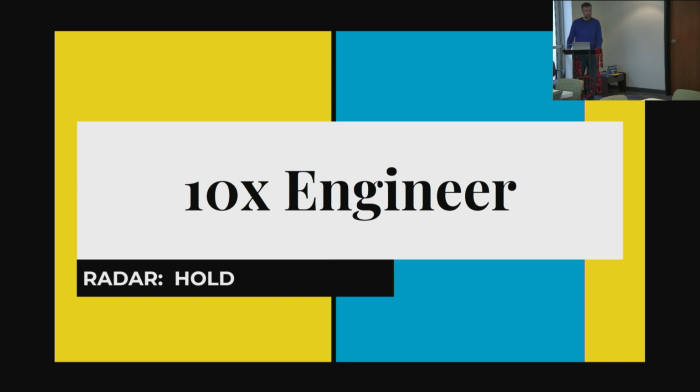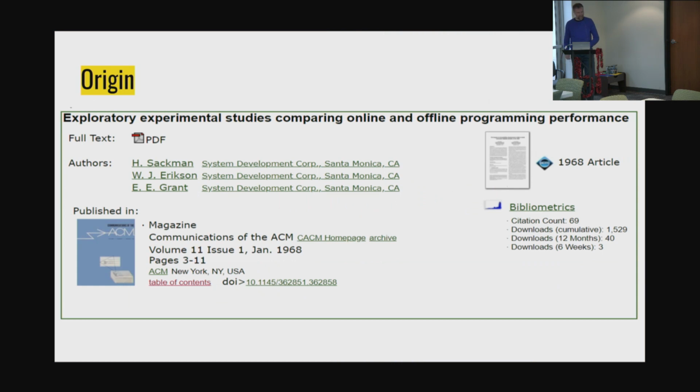Okay, feel free to do what I did when I first saw this on the Tech Radar, which was to just laugh. So, the 10X engineer: the origin of this came from an article or paper, supposedly written in 1968, that suggested there was a range of productivity levels, where they showed that some people work 10 times as productive.